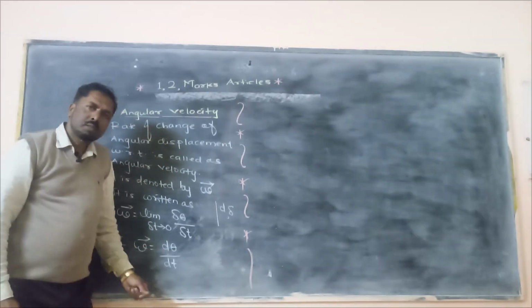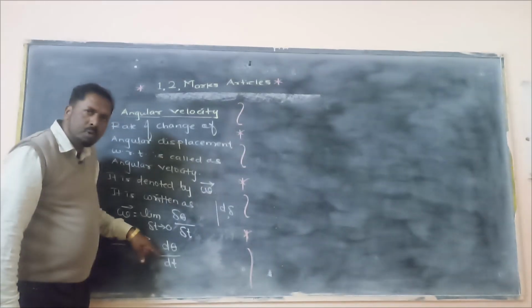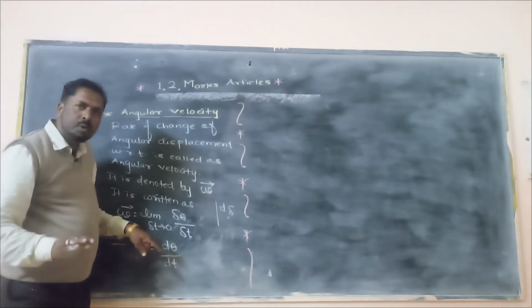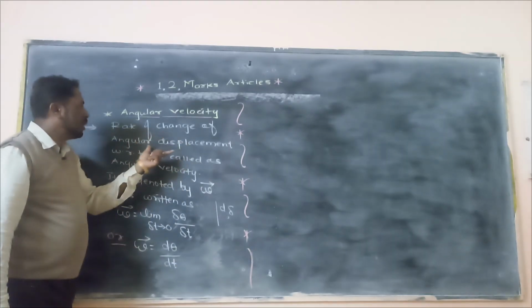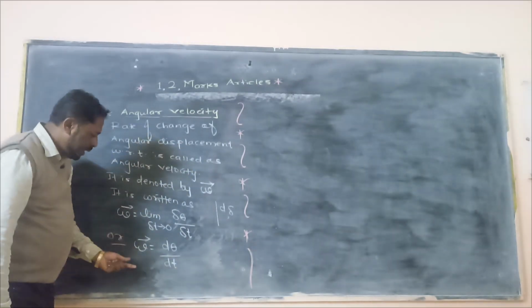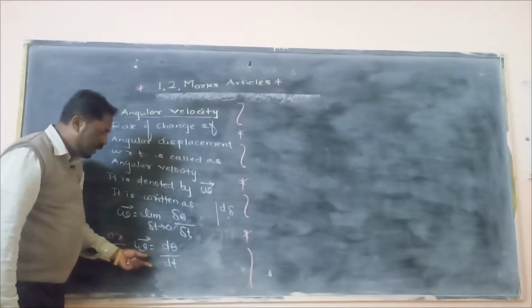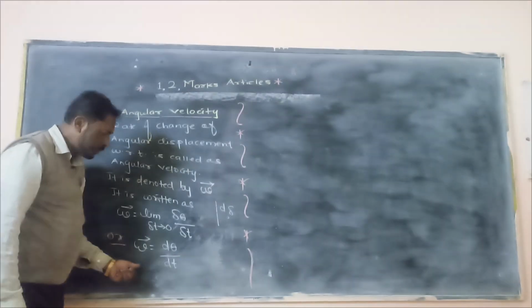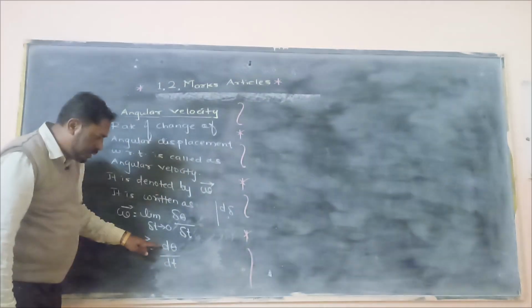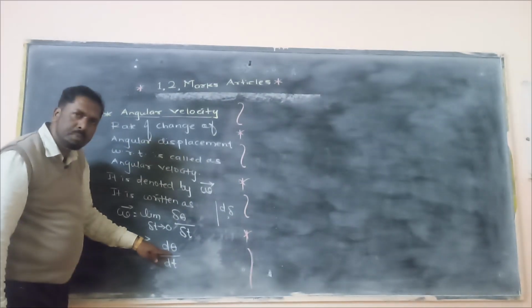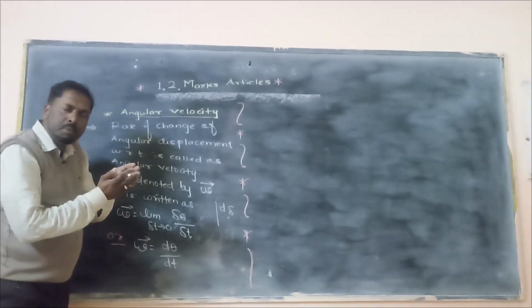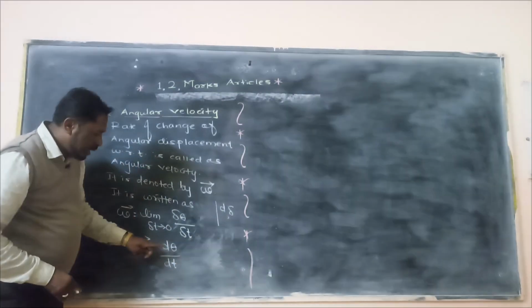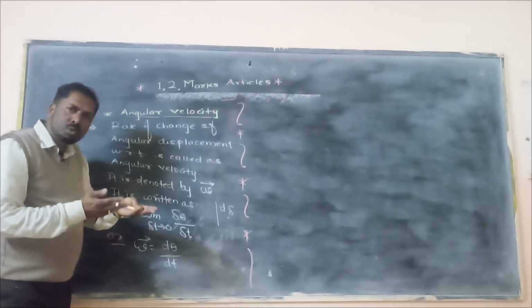Again, what does the factor d stand for? D also stands for change. What is going to change? Theta. What is theta? It is the angular displacement. So what we can say? Angular velocity is nothing but the ratio of change in angular displacement with respect to change in time. As time changes, angular displacement also changes.